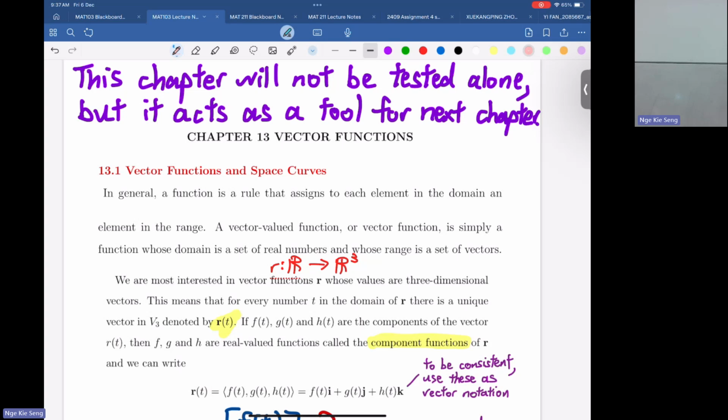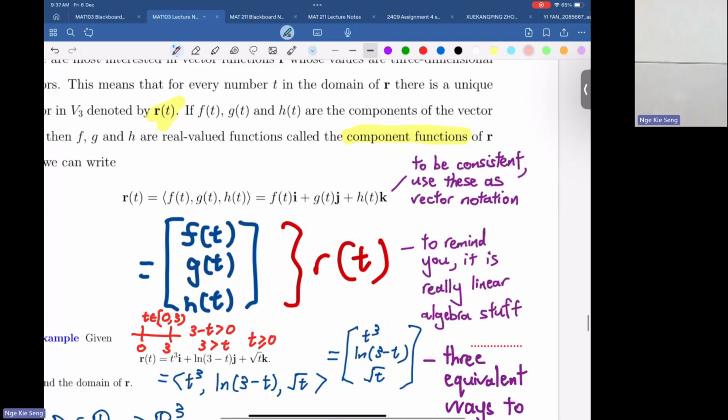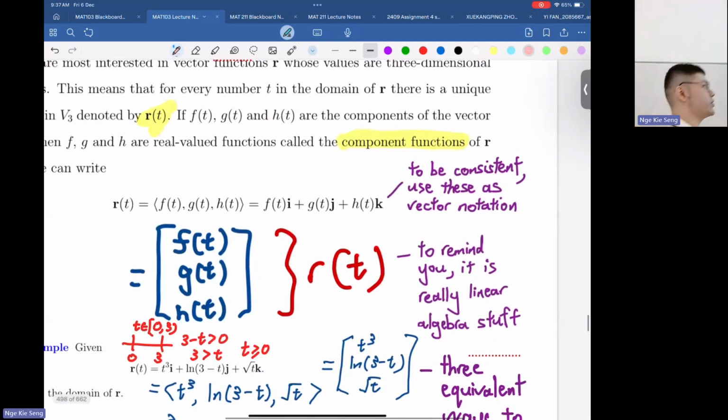You need to write the three variables as functions of t. So we have three of them here: f(t), g(t), and h(t), for example. There are a few ways to write it. I already introduced these three ways: you can write it as a row vector or column vector, or using the i, j, k notation. It's the same.